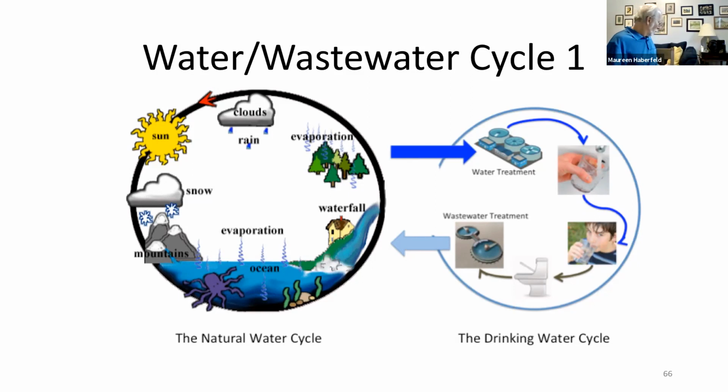Of course, some of that water never makes it back because we're consuming a lot of it. But a lot of it makes it back as wastewater. So we may not be affecting the quantity of the water so much as the quality of the water, if we're not careful.